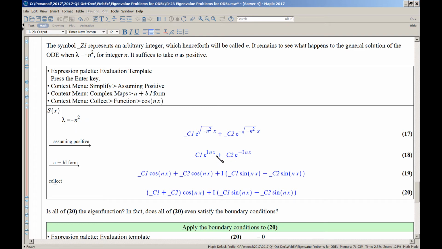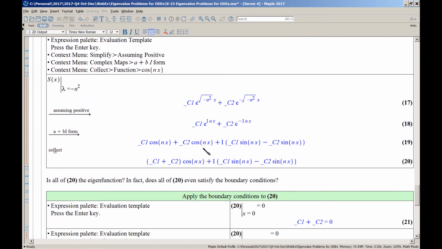So I put it into a plus bi form, and this imaginary exponential and this imaginary exponential give me a sine and a cosine each. And then I collect terms. Here's the cosine, and here is the sine, but Maple didn't do any factoring here, but it did some factoring here.